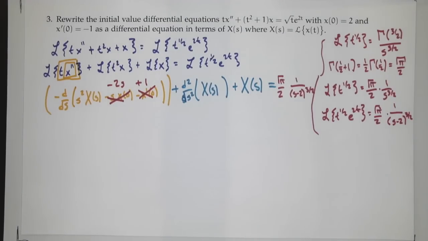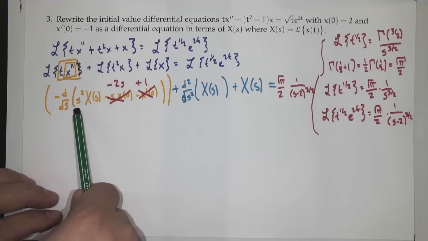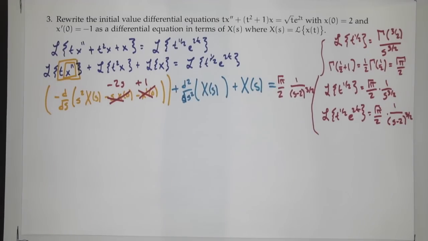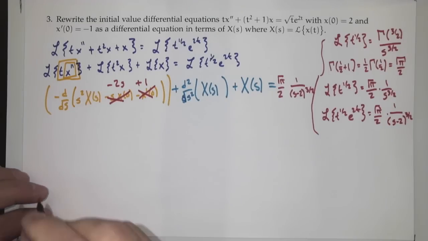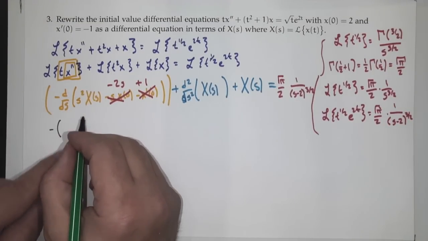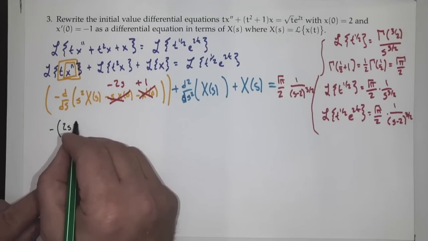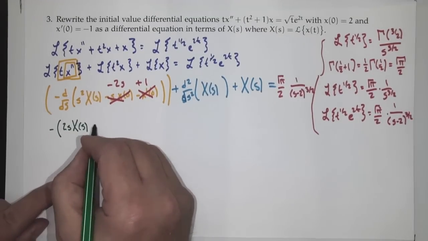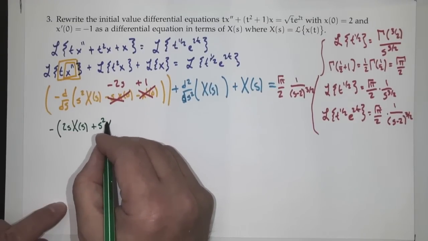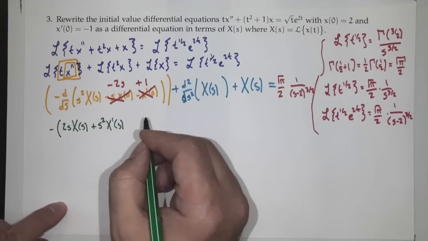Now we take our derivatives. So how do you take the derivative of s squared times x of s? Product rule. So there's a minus sign. Derivative of the first, 2s, times the second, plus the first, s squared, times the derivative of the second, x prime of s.